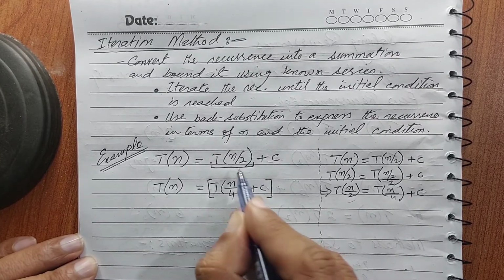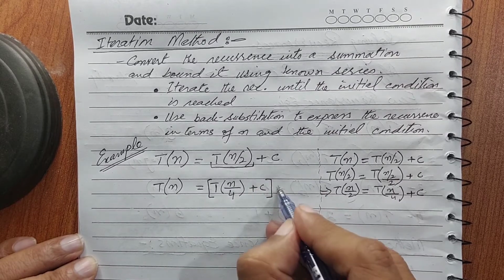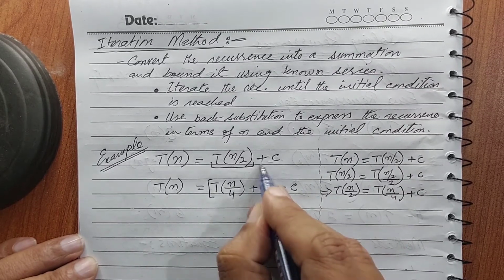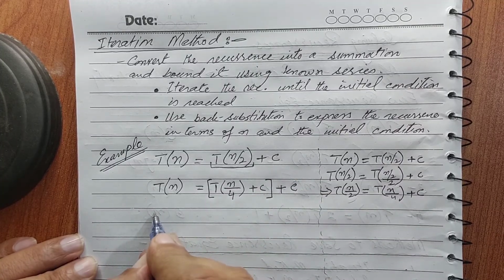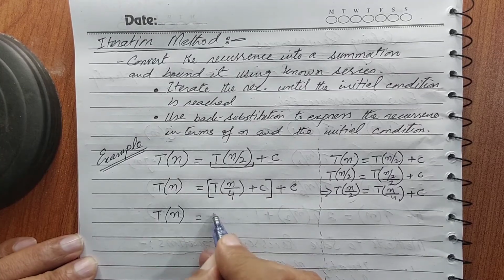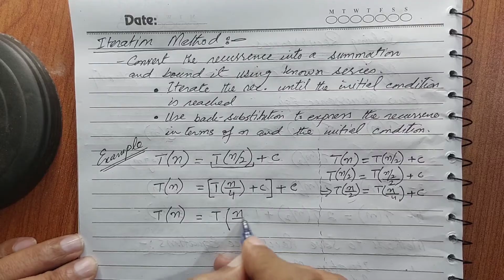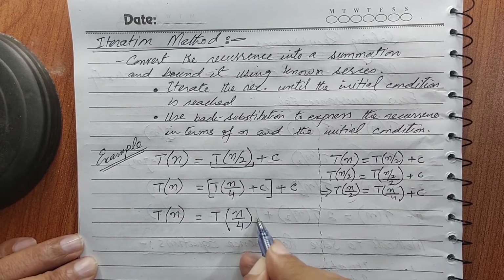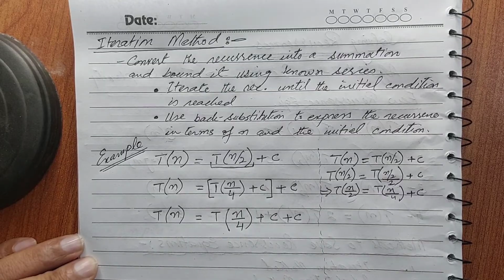So this is being replaced for this function, and this is the plus c, that is after this one. So just simplifying this one, T(n) is equal to T(n/4) plus c plus c.